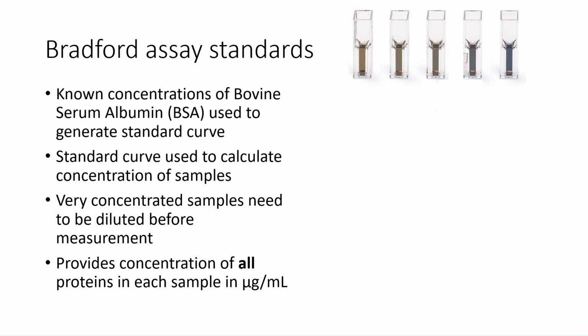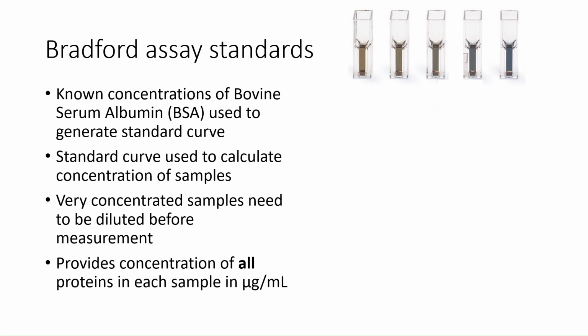So you can create concentrations where you know how much protein is in the sample, and then you can measure how much color change you have at that known concentration. And then if you have an unknown concentration, you can use a measured color change to work backwards and estimate the actual concentration of protein in that sample.